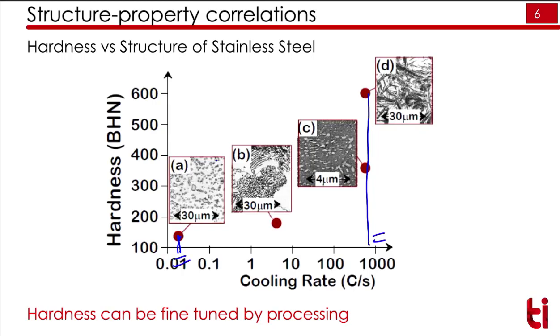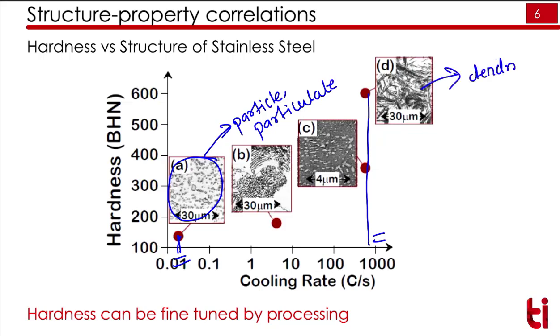Here you can see that the structure is made of some particles, or we can say it has a dendritic structure. Here you can see that some fibers have formed.